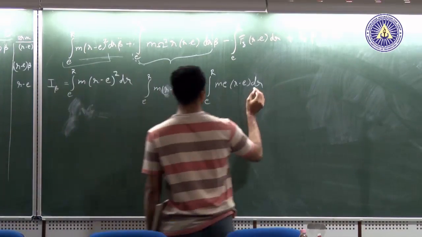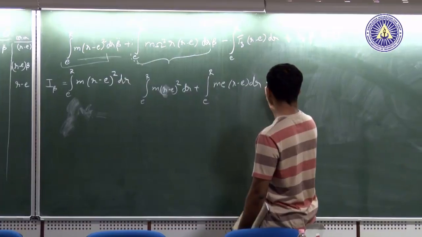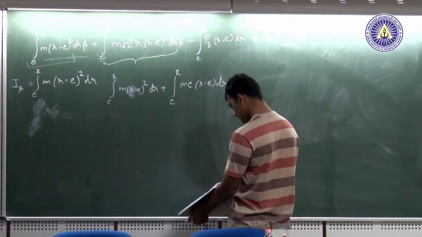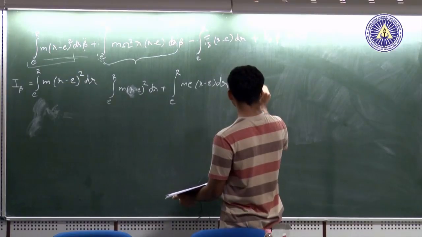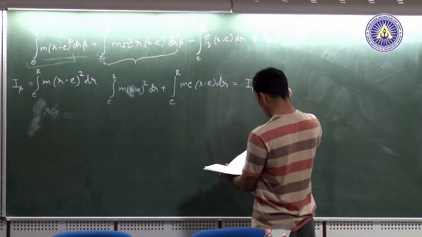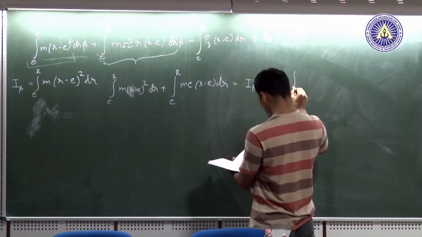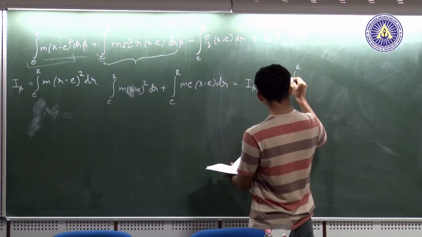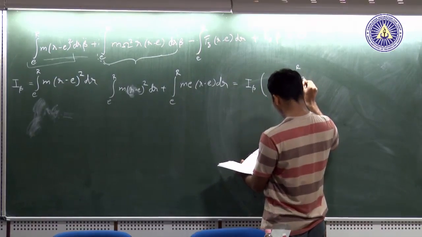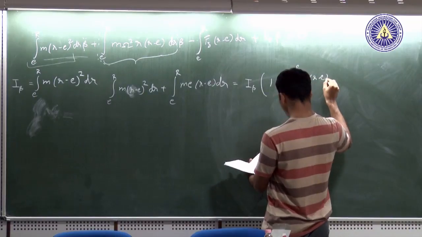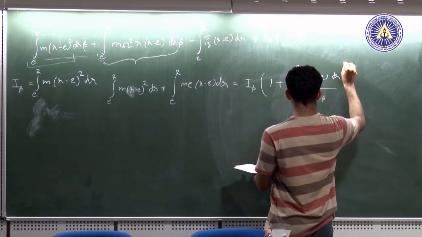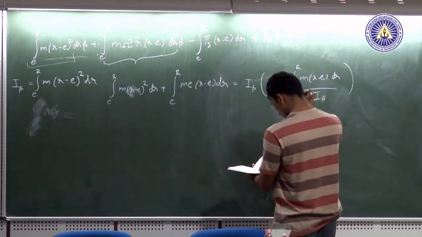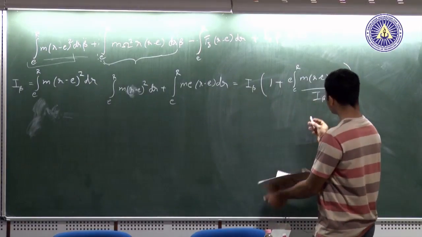Okay. So if you simplify this, you will get I_beta times 1 plus integral e to R of e m (r minus e) dr by I_beta.